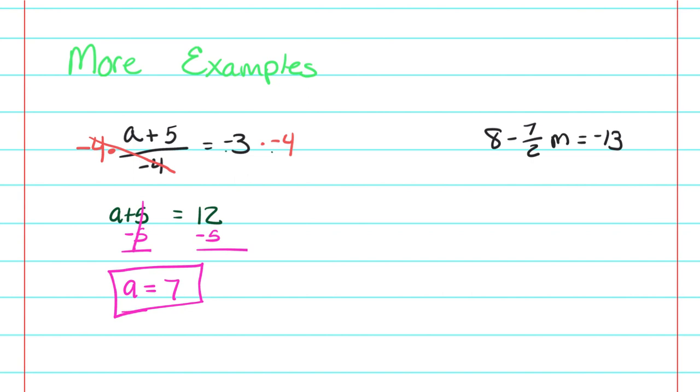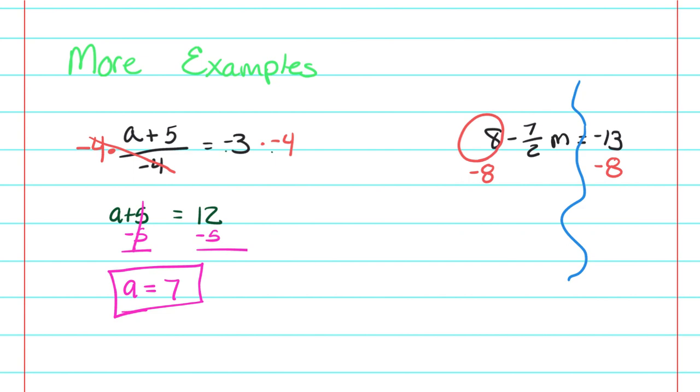Okay, looking at the next example. I have an 8 here. I don't see a symbol in front of that 8, so I know it must be positive. The opposite is to subtract 8. If I do it to one side, I have to do it to the other. Also remember, I don't know if when you learned it originally there was this cute little river at the equal sign. You can't pass it.